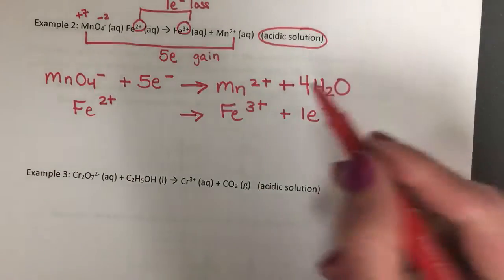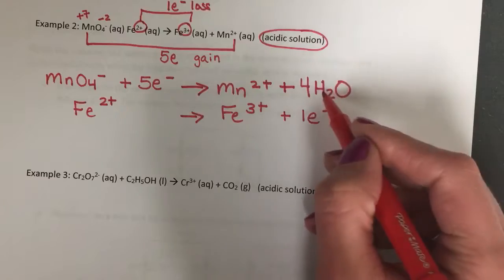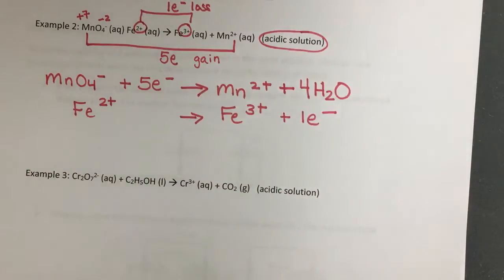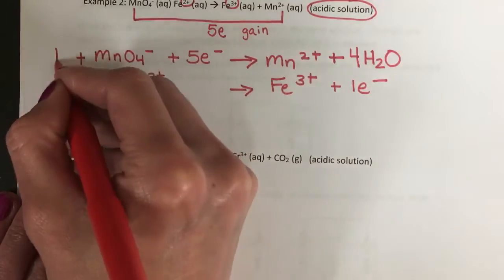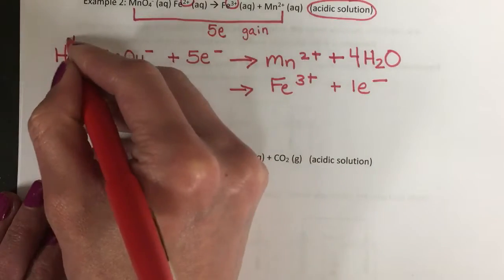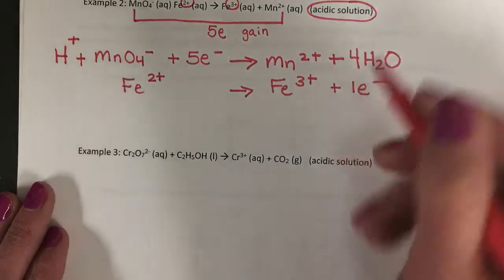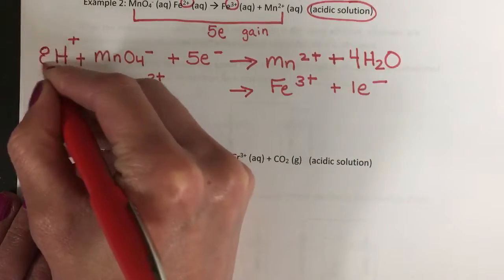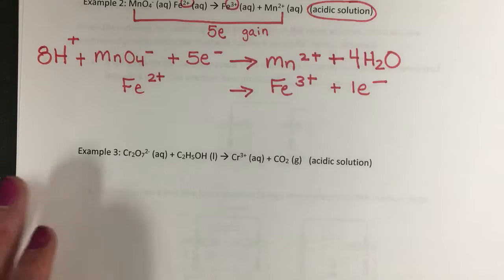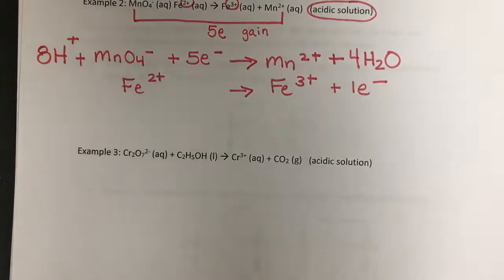But by adding water, now I have these H's that I don't have over here. So I'm going to add H's over here. They're going to be ions, and I'm going to have 8 of them. Okay? So now all of my elements are balanced. My oxygens, my hydrogens, everything's good.